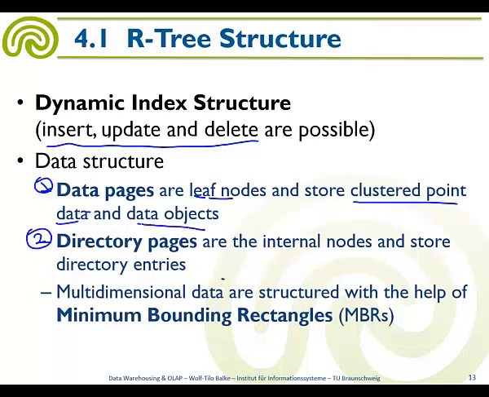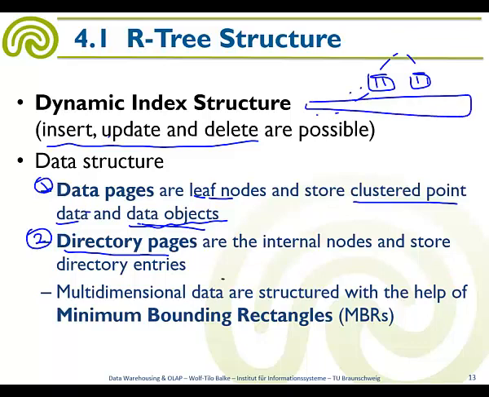Clustered point data is basically the coordinates of that geometrical structure that is encompassing the individual points, so which cluster this point belongs to, and the data objects are what points are within this cluster. And the directory pages are basically the internal nodes that are used for navigation. These are the nodes in the middle of the tree that are used to navigate to the leaf nodes over here.